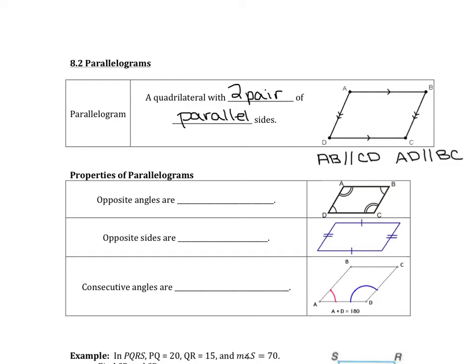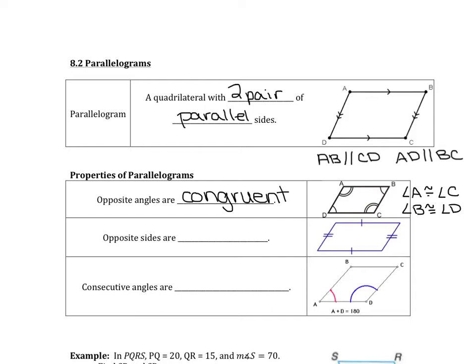Then, once you know that you have a parallelogram, once you know that the opposite sides are parallel, then you know different properties. So the first thing that we know is that the opposite sides are congruent. Sorry, the opposite angles are congruent. So if I look in the diagram, I'm given that angle A is congruent to angle C, and angle B is congruent to angle D. In a parallelogram, the opposite angles are always congruent.